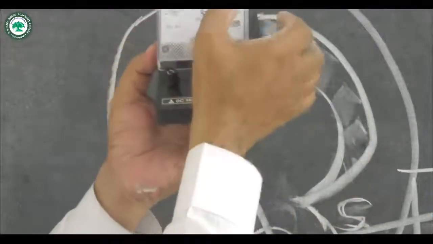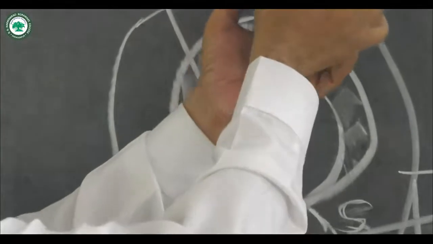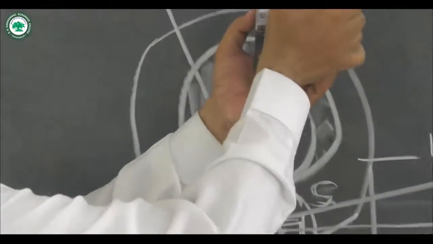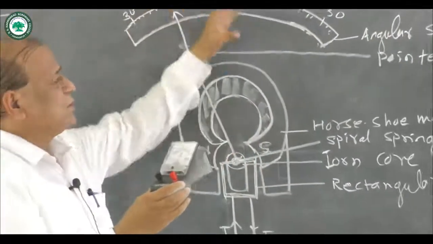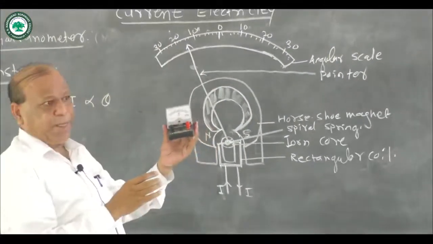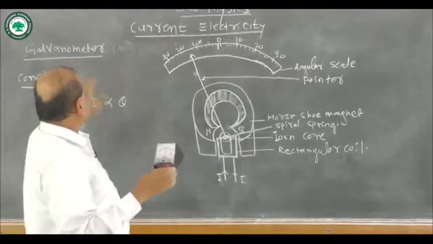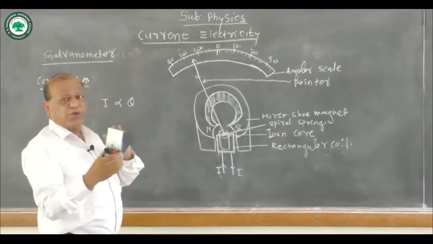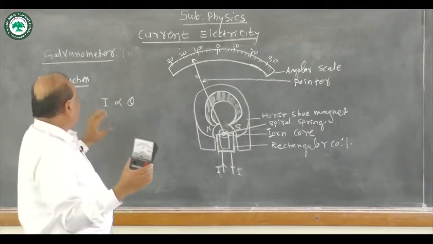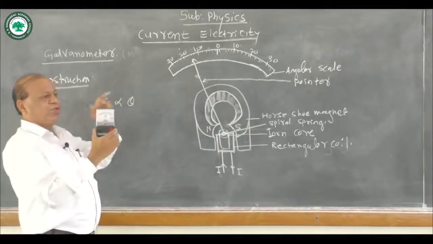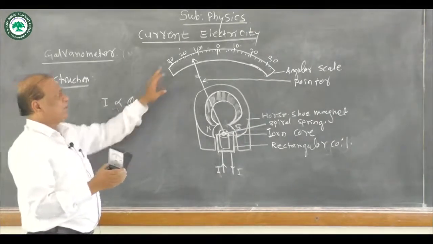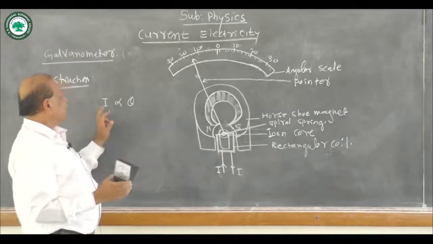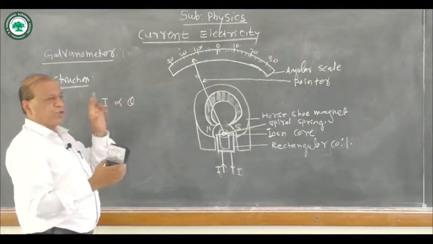Here 0 is at the center, and deflection left and right can be noted from this angular scale. This is the construction and working of the moving coil galvanometer. That is, the current flowing through this moving coil galvanometer is directly proportional to the deflection produced in it, that is, I is proportional to theta.